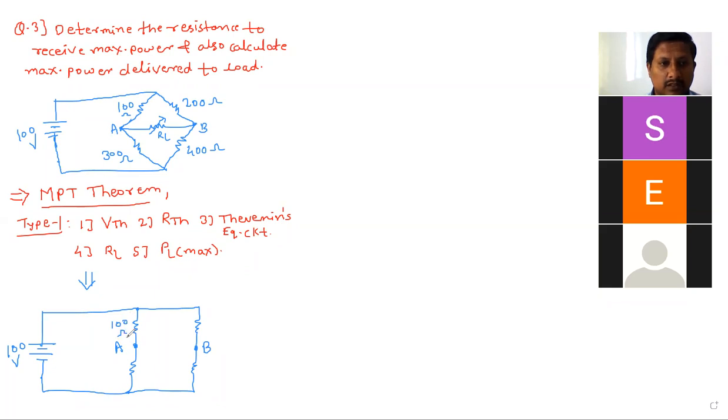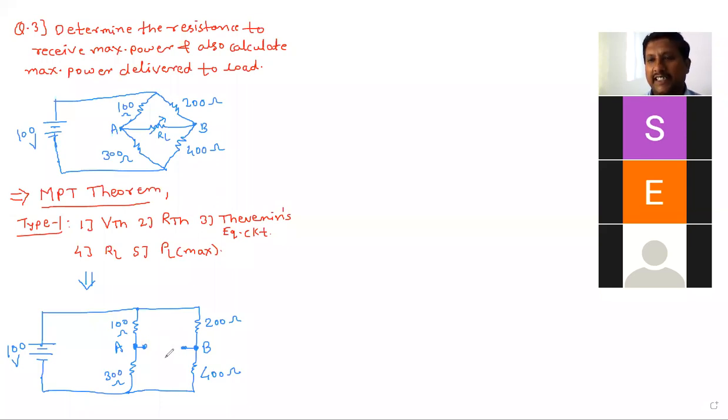This is 100 ohm. This is 300 ohm. Between that A point is there. Now this is the 200 ohm. This is the 400 ohm. And between these two resistors, B point is there. And between A and B, the load resistor has been removed. So these are the two terminals, A and B.